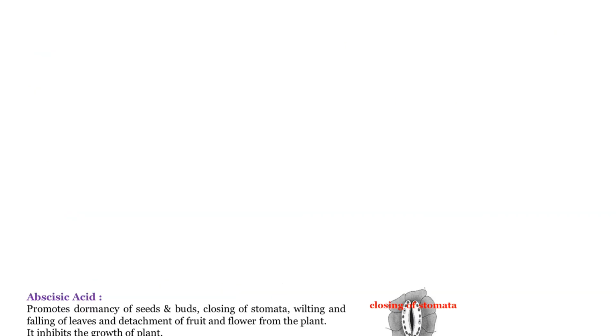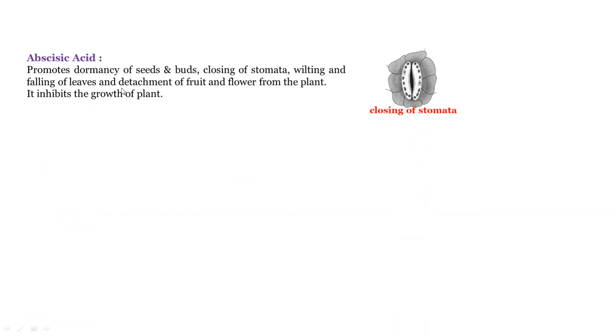Coming to the next hormone, abscisic acid, also known as ABA. It promotes dormancy of seeds. It makes the seed dormant, bringing it to a resting stage. It also promotes dormancy in buds. It also promotes the closing of stomata.